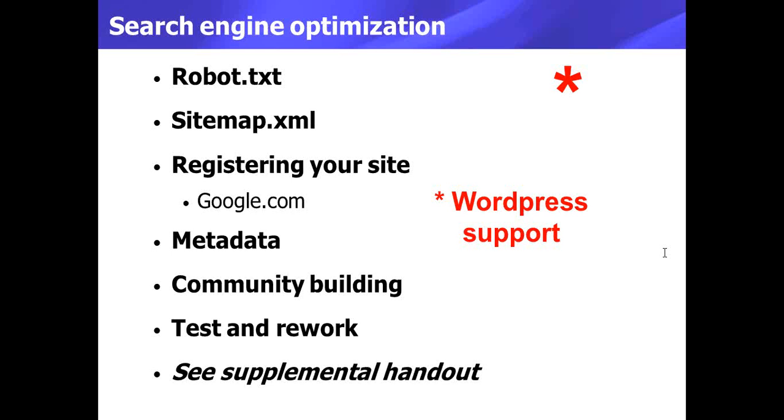If you were to do it by hand, it would be very tedious. So some authoring tools support a sitemap.xml. You might want to look for that, and there's some tools that can do that. But that's something that you're also going to want to update as you add new content. You'll also want to update your sitemap.xml.